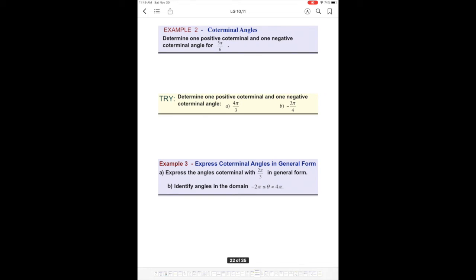Okay, the next concept here, we are going to look at coterminal. And we looked at coterminal before. And remember what coterminal was. Coterminal is you have a terminal arm. Let's say it's in quadrant 1 here. So we got that terminal arm.